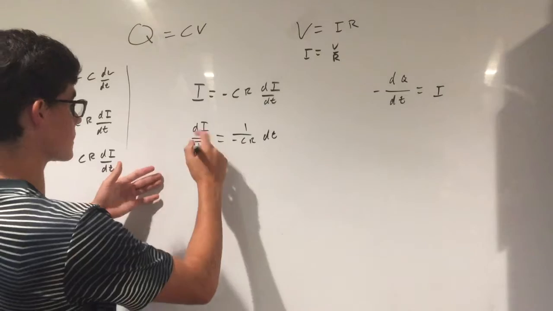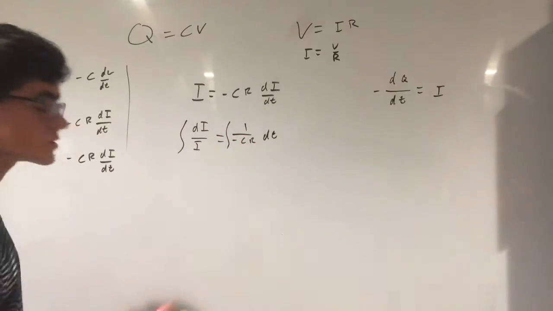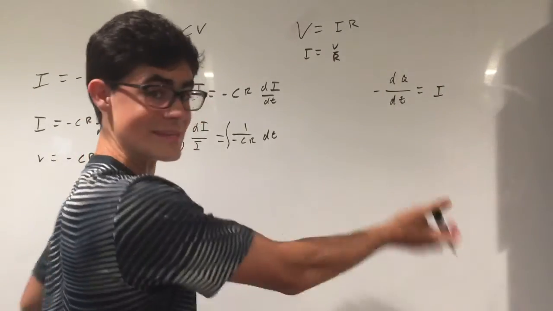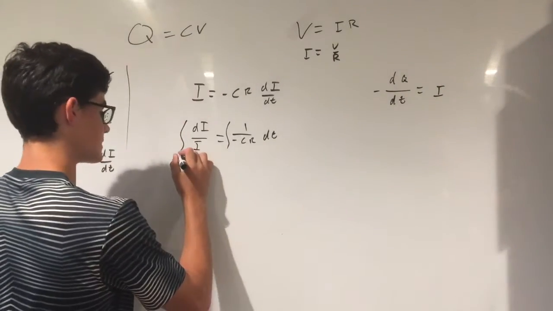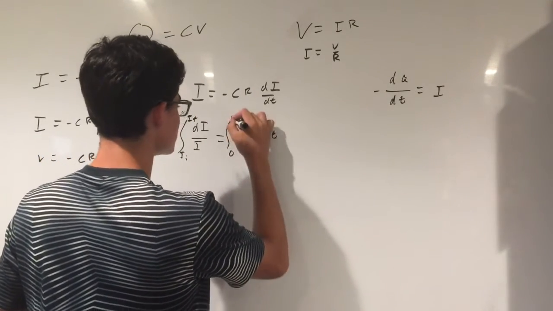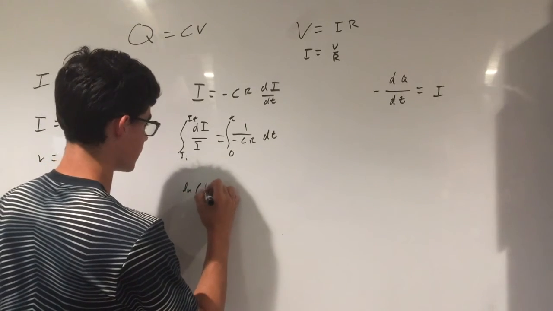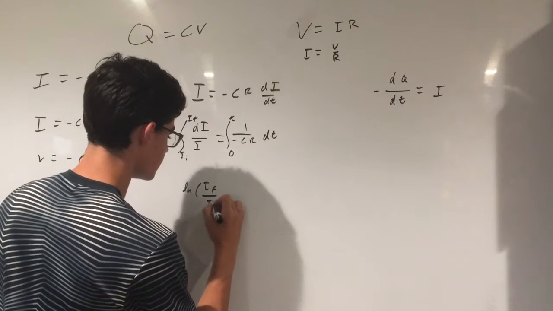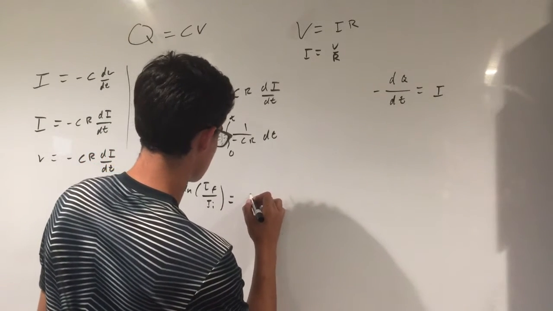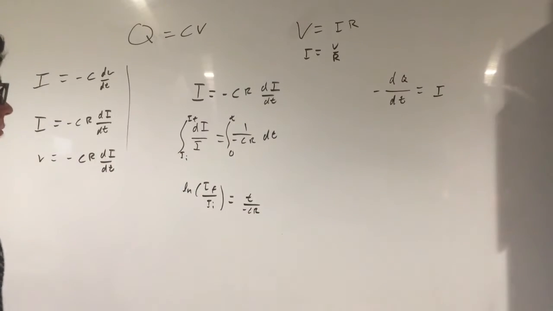Now, if we take the integral of both sides, an important thing to note here is that if we want to not end up with a constant at the end, we will write this as I initial, I final, and 0 to t. And we will solve this out: ln of I final over I initial is equal to t over negative CR. Okay.